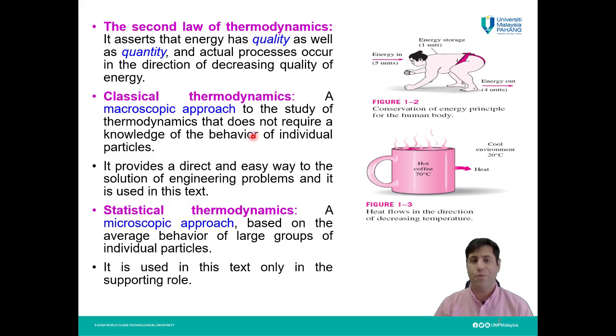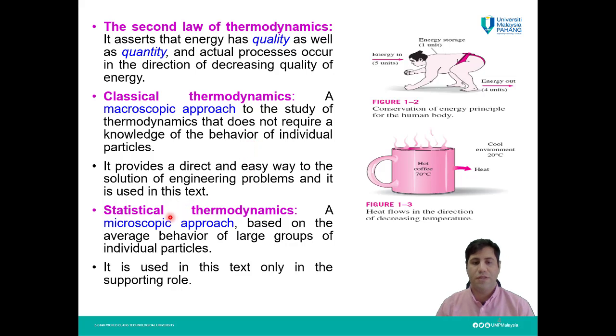We do not deal with atoms, molecules, or the particles of the substances. It is useful because it provides a direct and easy way to the solution of engineering problems, and it is used in this text. It may have some error, but it is accurate enough to find the answer for our problem.